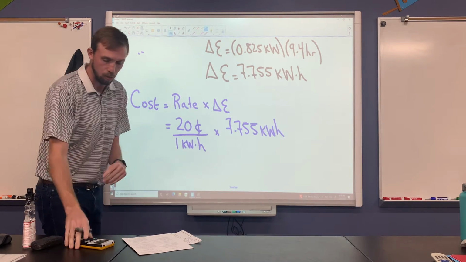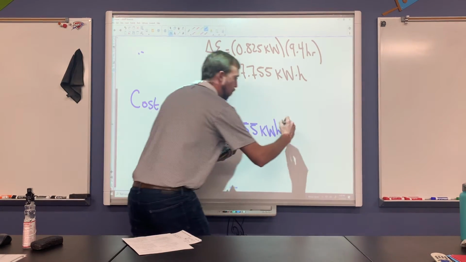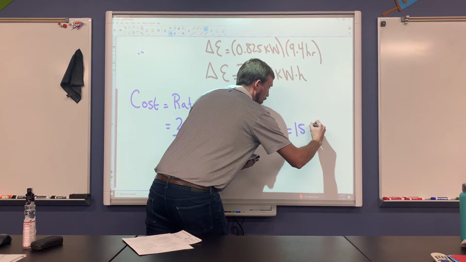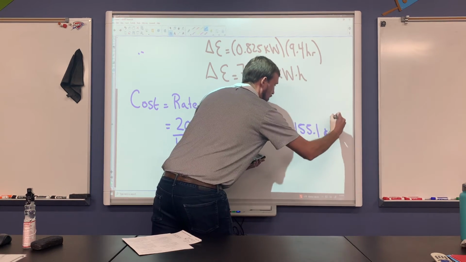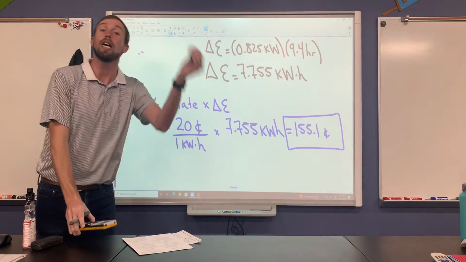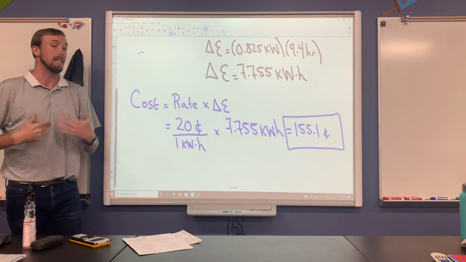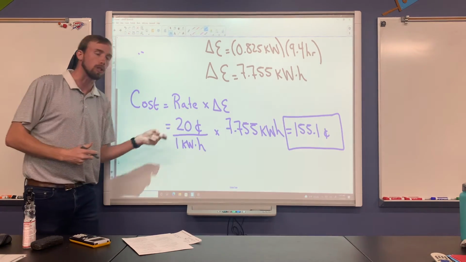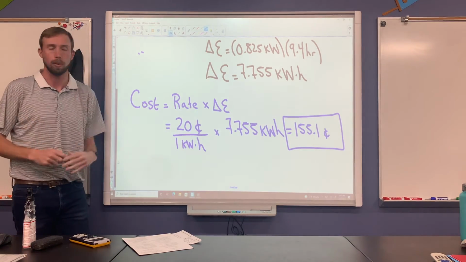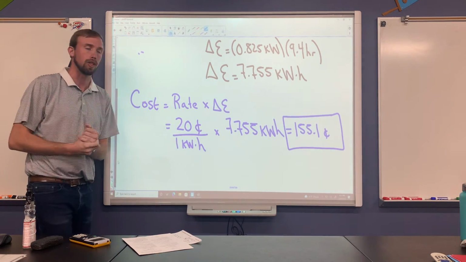Now I'll just take 20 cents multiplied by 7.755 and I get 155.1 cents. That would be my answer here for the second part. We're given a rate, 20 cents for every 1 kilowatt hour. We need to figure out how many kilowatt hours we use and then multiply our rate by how much energy we use. Okay, so hopefully that gets us going on this question here on the homework.